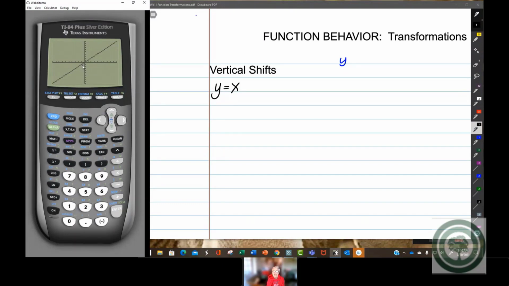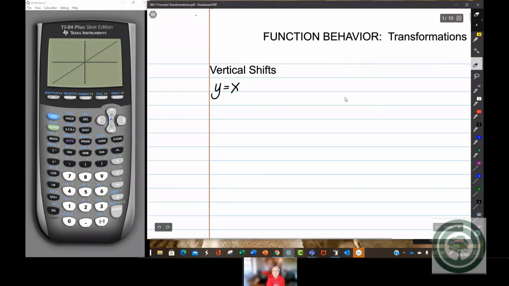Well, how can we move it? Vertical shifts can move it directly up and directly down. That's all a vertical shift does. Can be a little boring. It's covered a little bit in intermediate algebra, but not a whole lot.